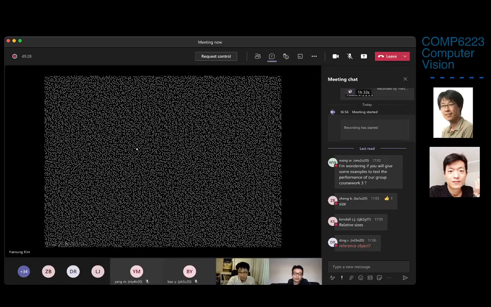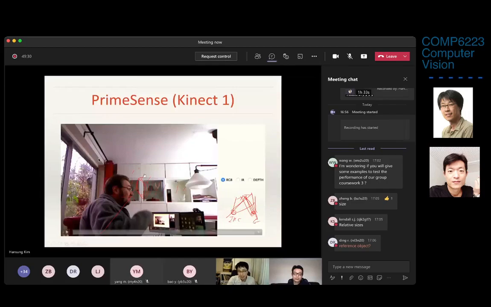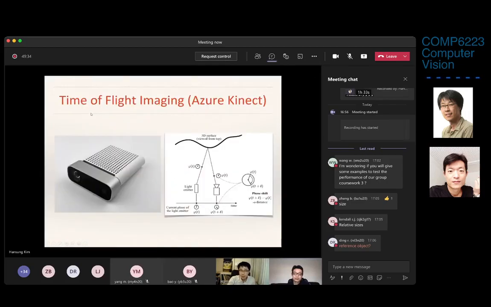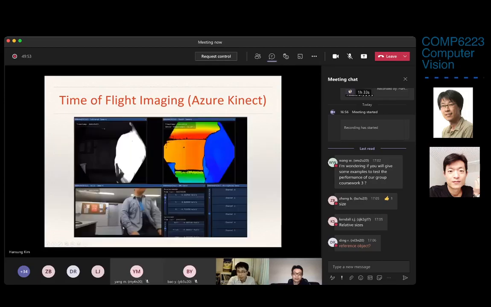Depth resolution is very low, and it has lots of noise, right? But now it uses time of flight. It still has the same emitter and receiver, but it shoots IR and then measures the phase difference in the receiver. It gives a much more accurate depth sense, and even the density and resolution are much higher.